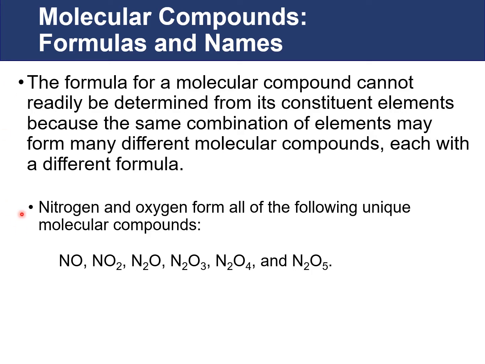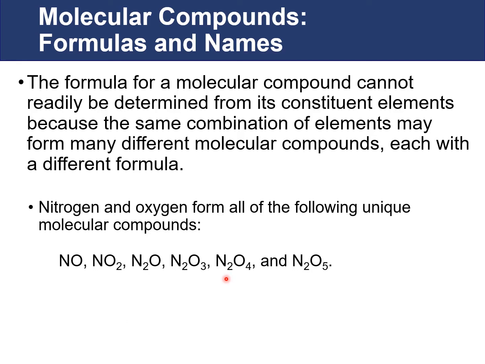If we're looking at just nitrogen and oxygen, they can form all these various unique molecular compounds: NO, NO2, N2O, N2O3, N2O4, and N2O5. In the case of NO2 and N2O4, the empirical formula for these two compounds is the exact same, right?